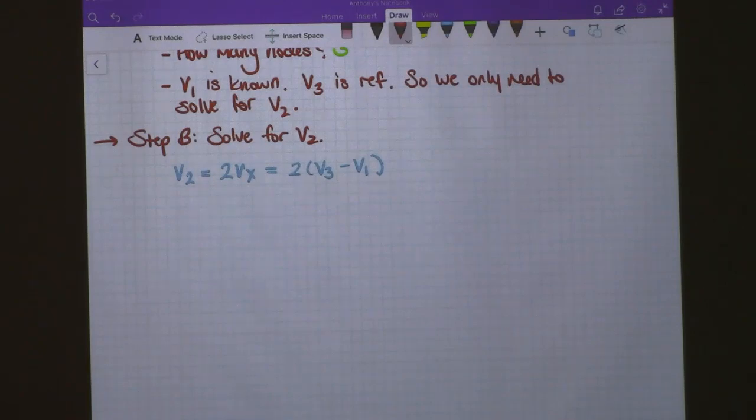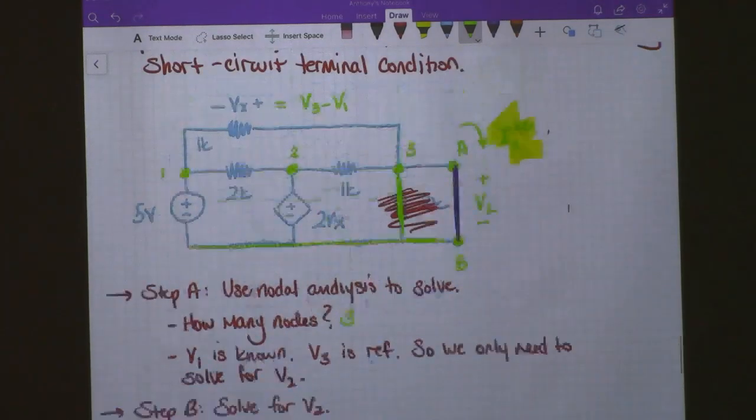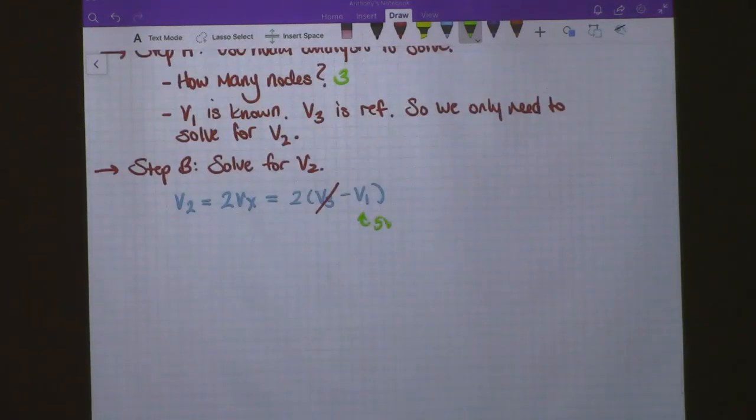All right, so V3 goes away. It's equal to 0, and V1 is known. V1 is 5 volts. So this is not too difficult of a nodal analysis. What we'll be left with is V2 is equal to 10 volts. Negative 10 volts, because I forgot about that negative right there.